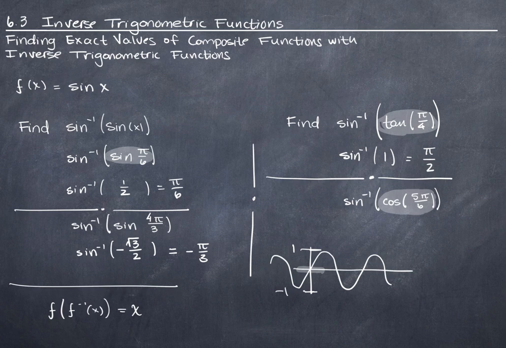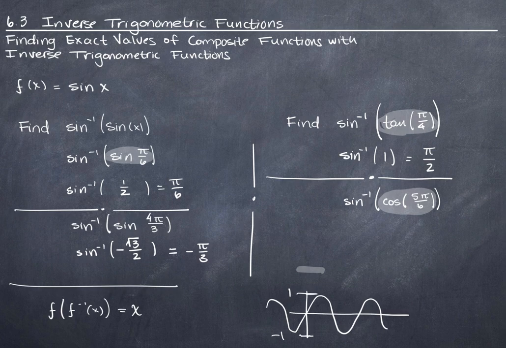We need a value to take the sine inverse of, and that value has to be in here. And right now it's not in a convenient form. Let me move this down a little bit. So we need to put it in a more convenient form. We need to figure out what this cosine of 5 pi over 6 is, and then we can find out whether or not taking the sine inverse of that is possible and what the value is.